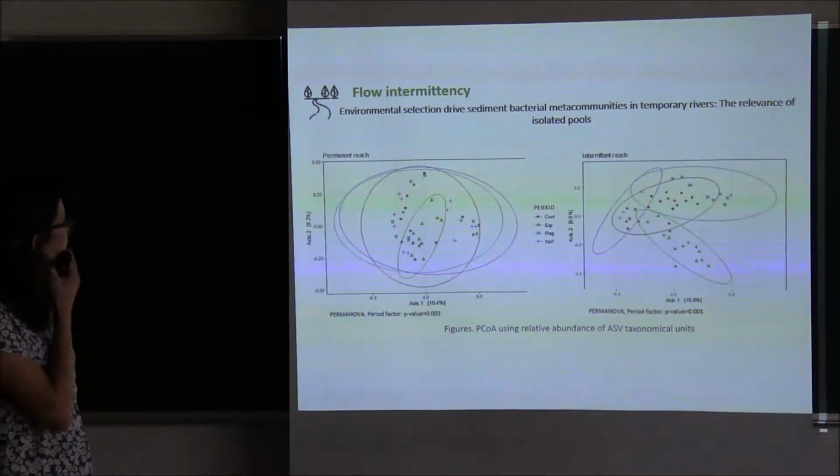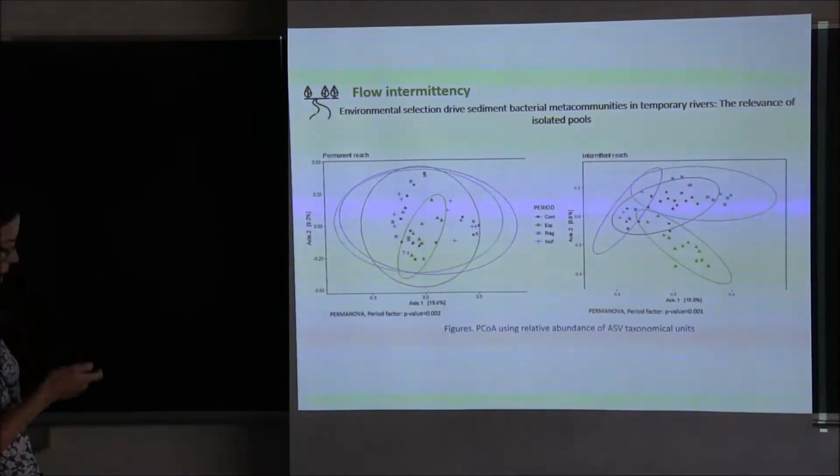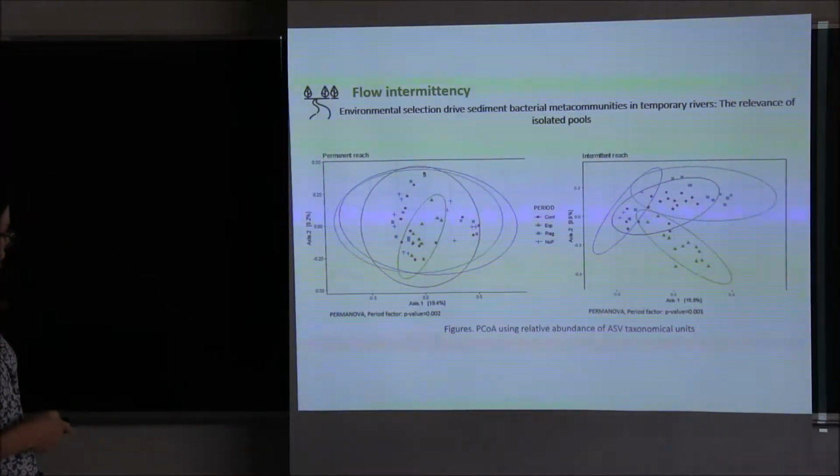And what we did here, this is the result of the PCoA using the taxonomical units of bacteria, the 16S rRNA. What we show here is the permanent reach and this is the intermittent reach, and the differences between periods.